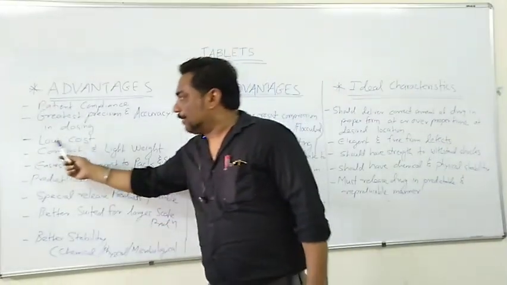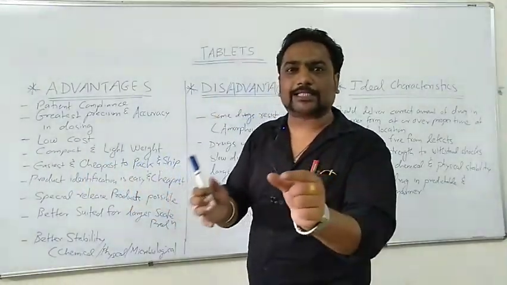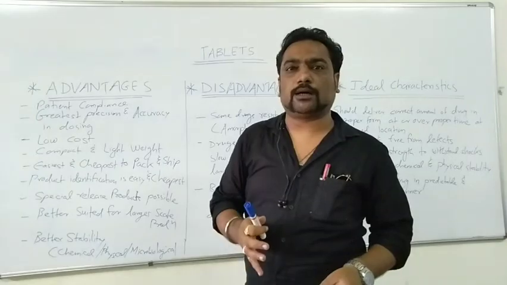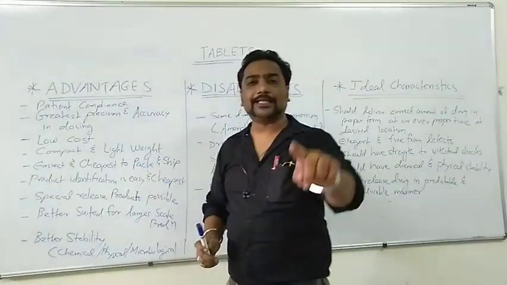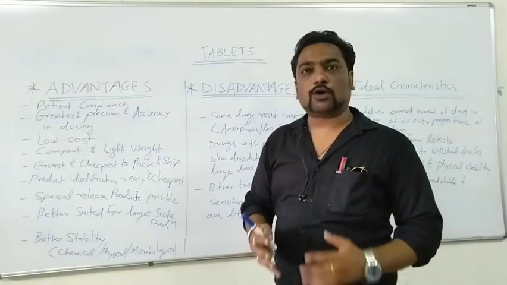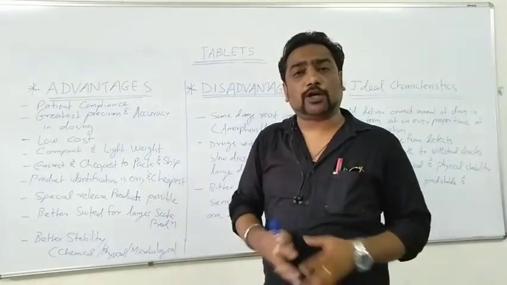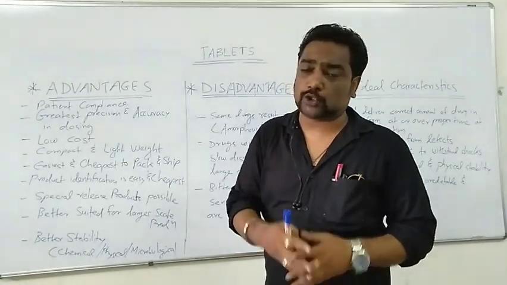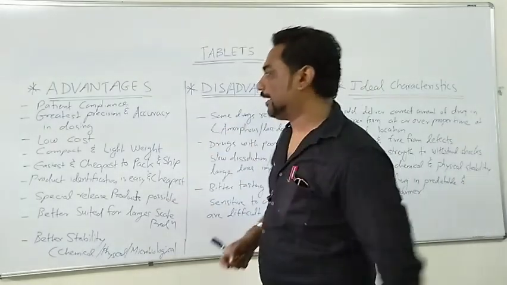Then tablets are of compact size. The size of the tablet is very small as compared to the liquid dosage form, and that's why it is a compact dosage form and it is light in weight. That's why the cost of shipping, the cost of storage, and the space required for storage are also less in the case of the tablet.